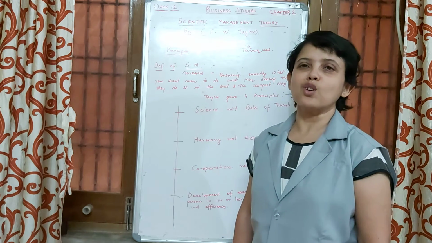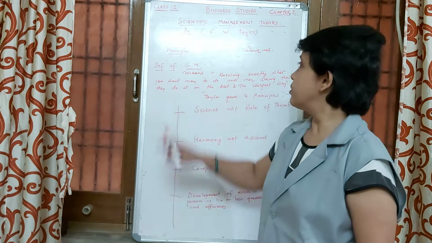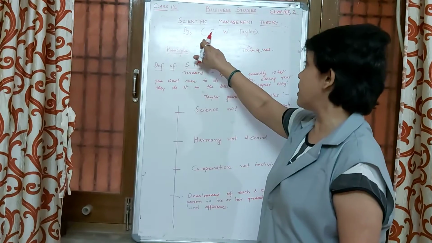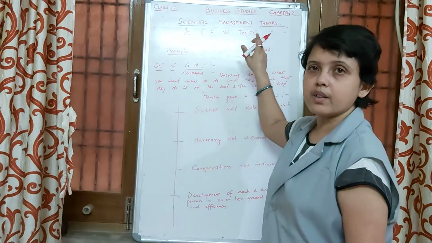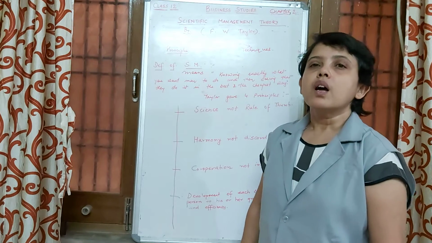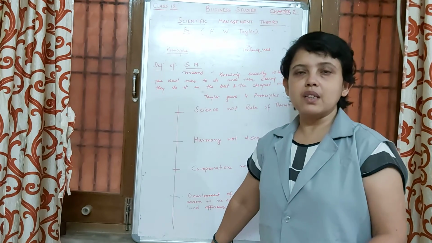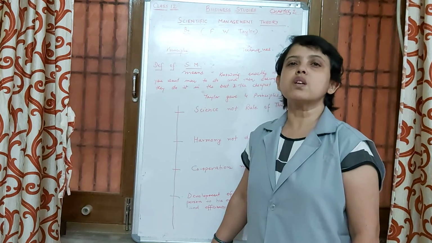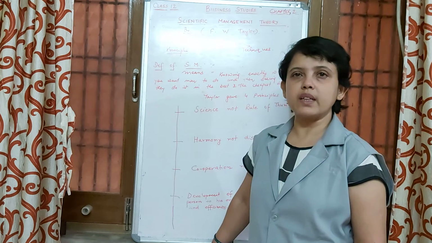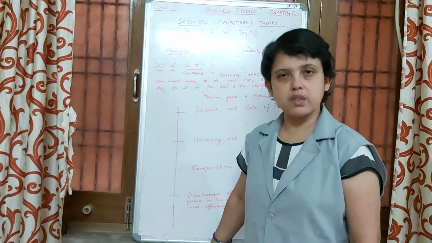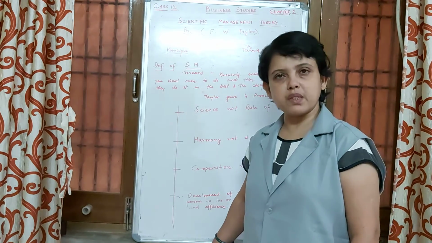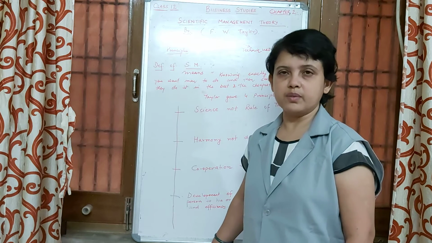So first of all, we will be talking about scientific management theory, which is given by Frederick Winslow Taylor, F.W. Taylor, very popular name. Now before we have seen that management principles are always evolving in nature, and from time to time different management experts have propounded different management principles and theories.